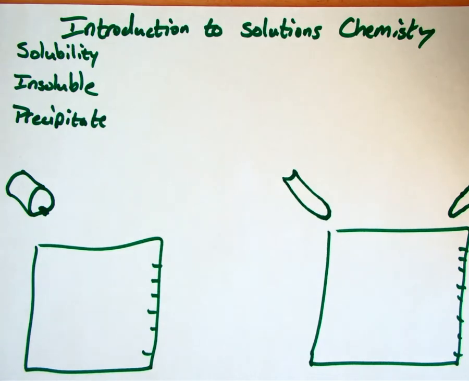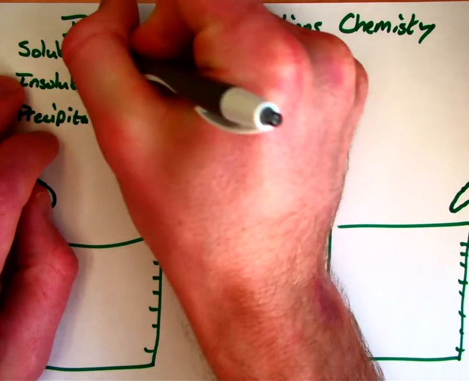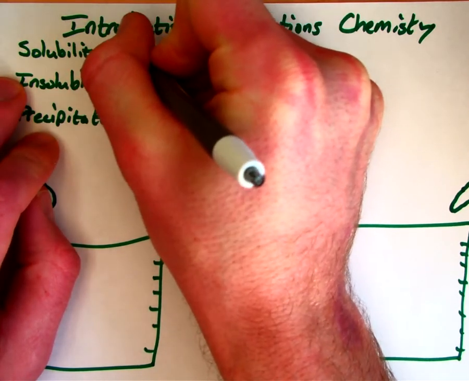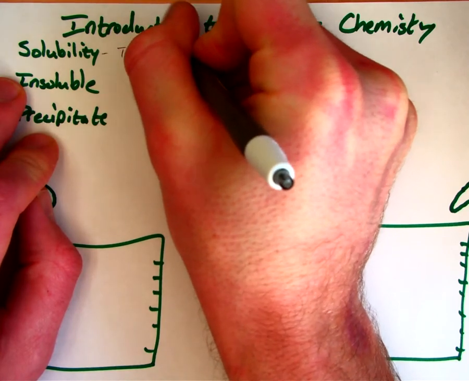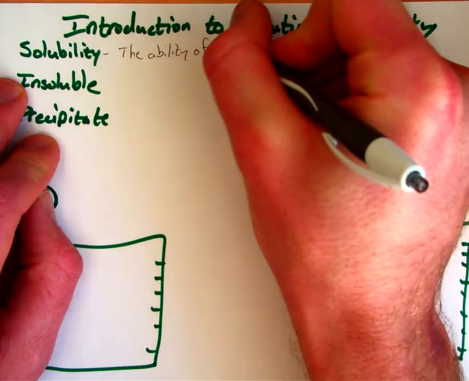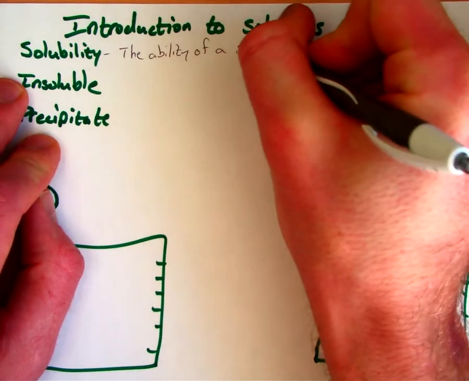That said, the first term that we're going to define is solubility. So again, solubility is defined as the ability of a substance to dissolve in a solution. The solution does not necessarily need to be water-based. However, oftentimes it is.